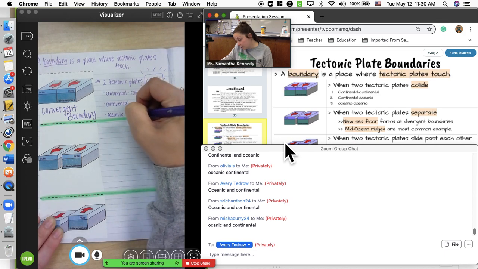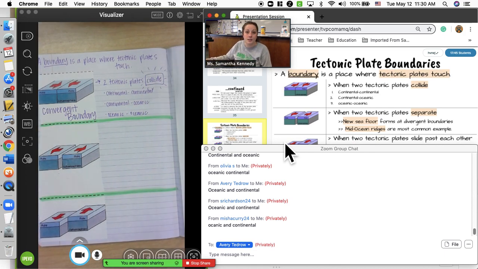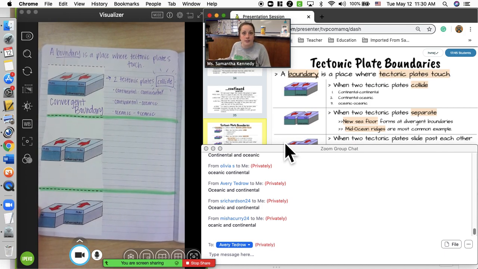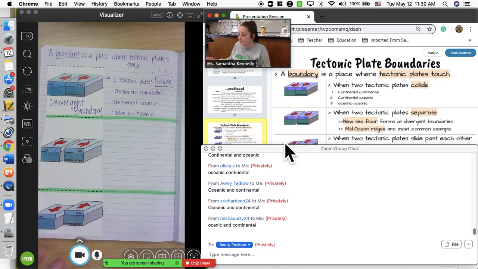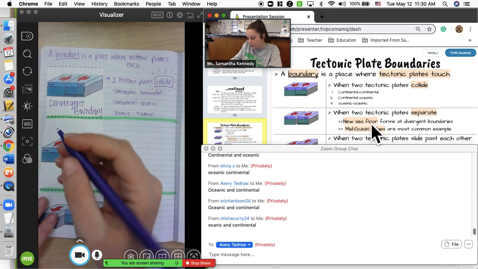And I'm sure you're going to believe this, but every single one of those collisions is going to act differently and create different experiences and create new landforms and stuff like that too. Okay? So then the second one down, this one we know, this one is going to be our divergent boundary.